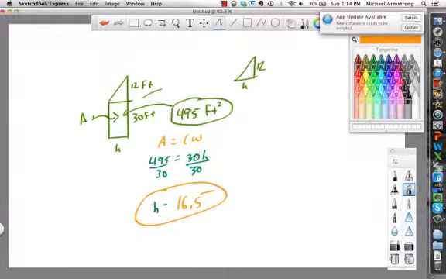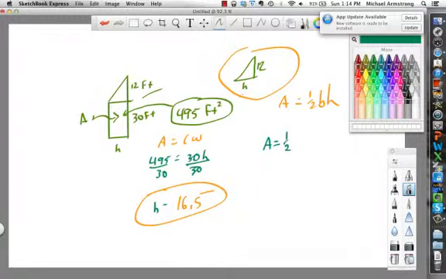Okay? Now I'm on to this part. Area equals 1/2 base times height. And then they're using the 12 as the base and the h as the height. So we can work with that. So then the area equals 1/2 times 12, and the height is 16.5.